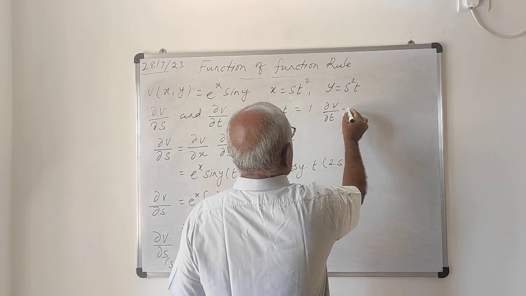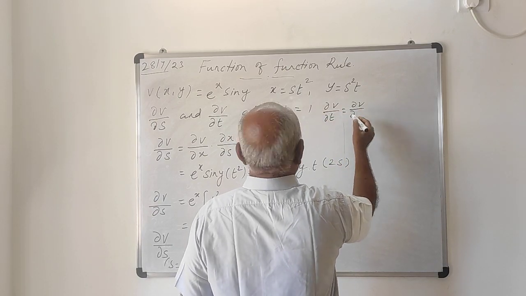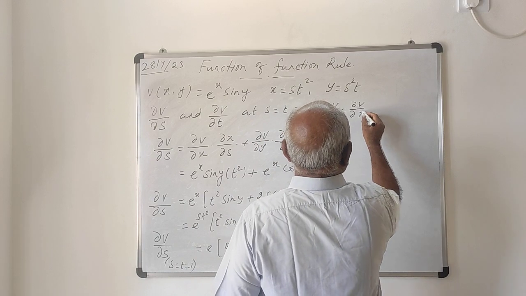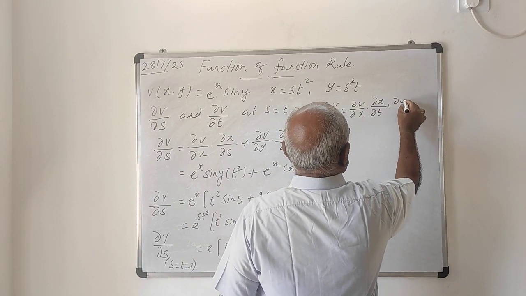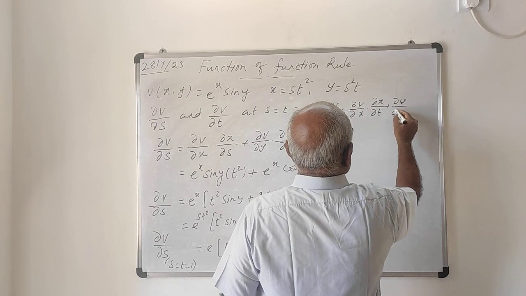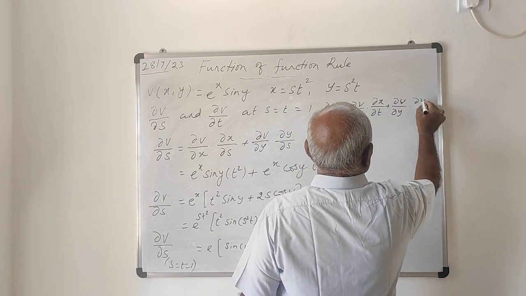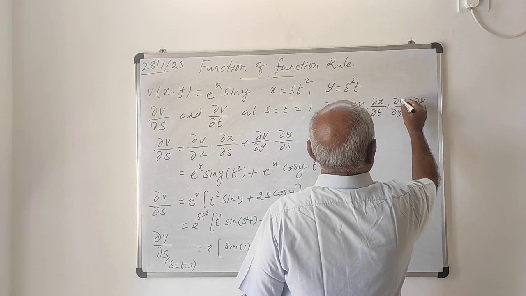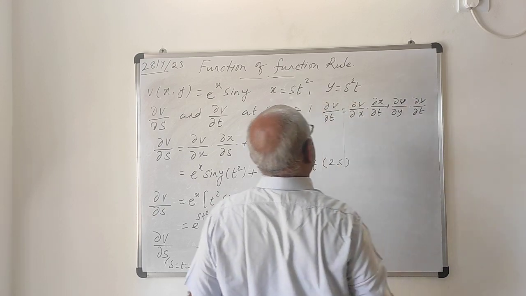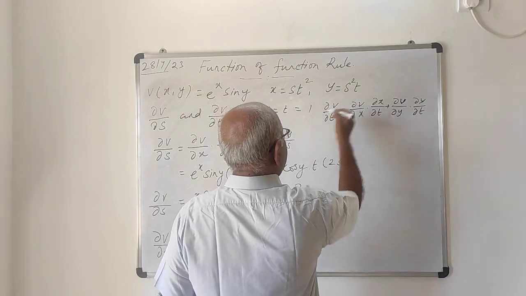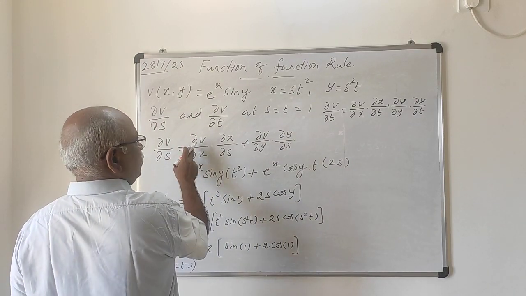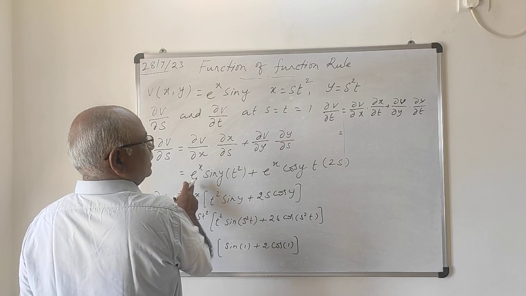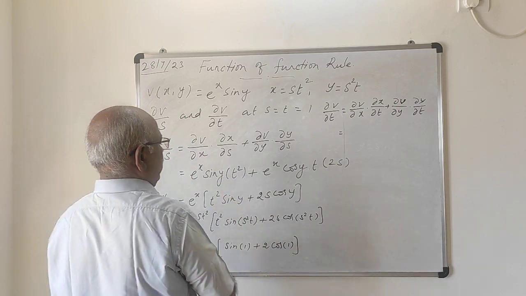Dou v by dou t equal to dou v by dou x into dou x by dou t plus dou v by dou y into dou y by dou t. Okay. What is dou v by dou x? Here the same, dou v by dou x is e power x into sin y.